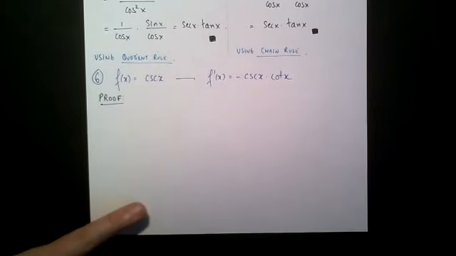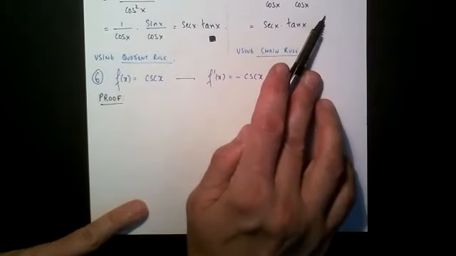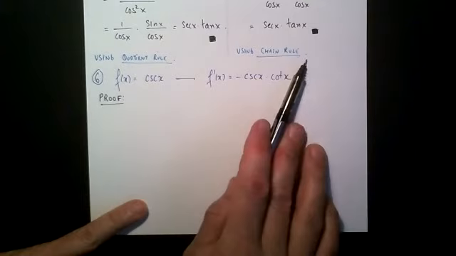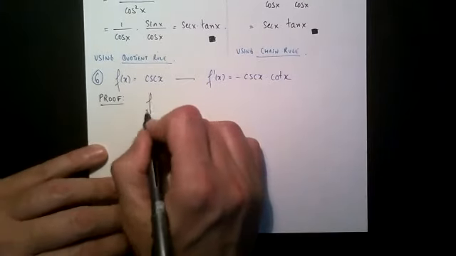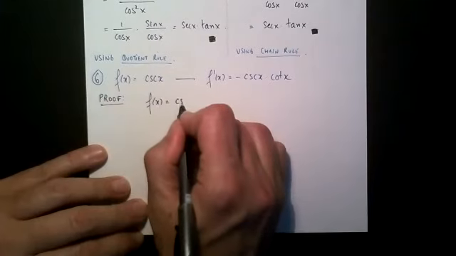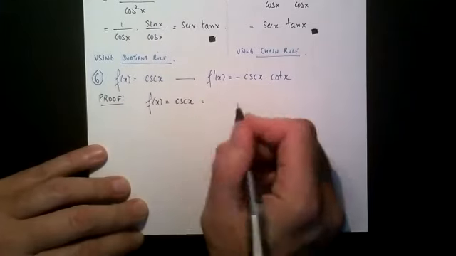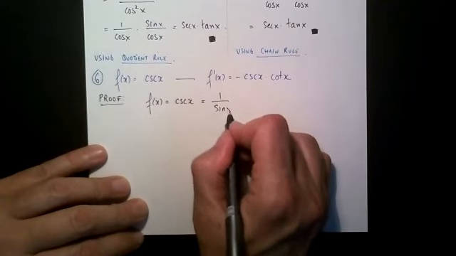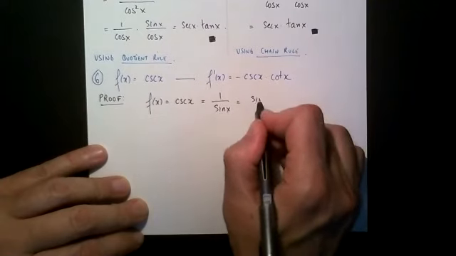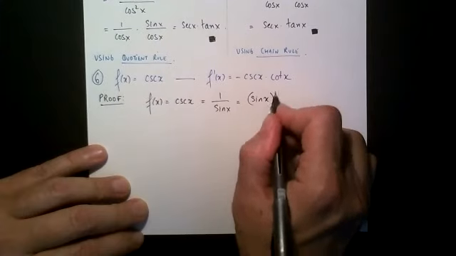Okay, so I will do it using the chain rule because I find it much simpler. Okay, so f of x is equal to the cosecant of x, which is 1 over sine x, which is sine of x to the minus 1.